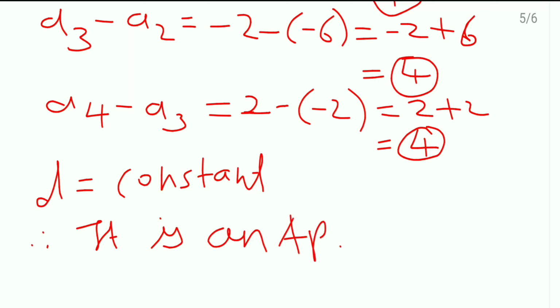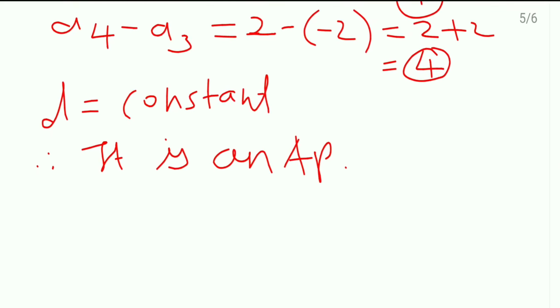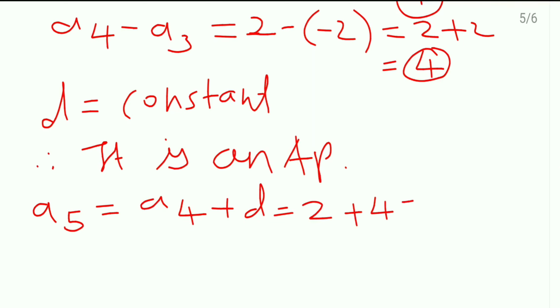And as it is an AP, we need to find out the next 4 terms. Right? So here I want to find out A5. A5 means A4 plus D. A4 is 2 and the common difference is 4. So you are getting it as 6.